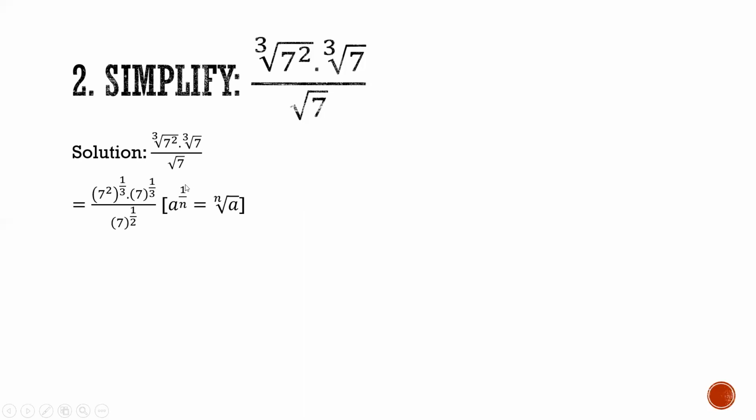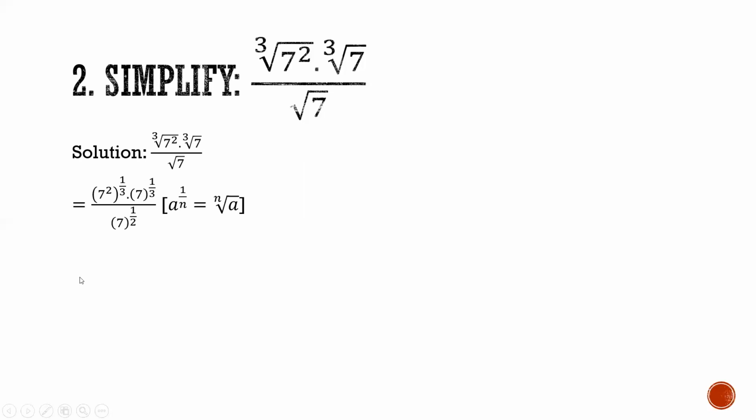Cubic root of 7 is equal to 7 to the power 1 by 3. And in the denominator, square root of 7 is equal to 7 to the power half, from the definition of the nth root.